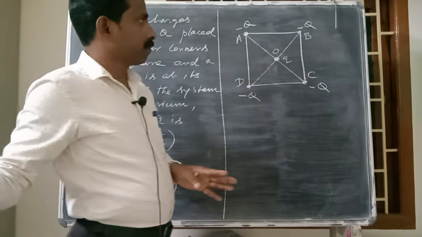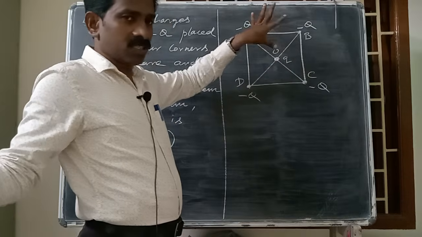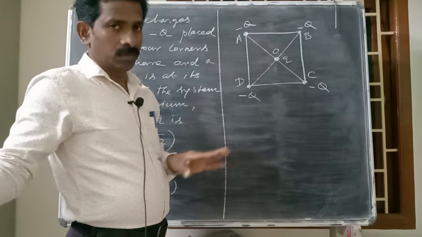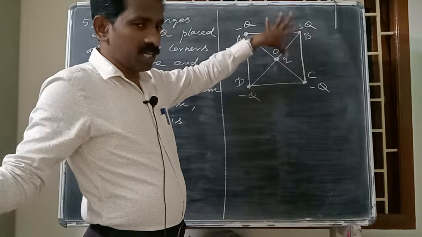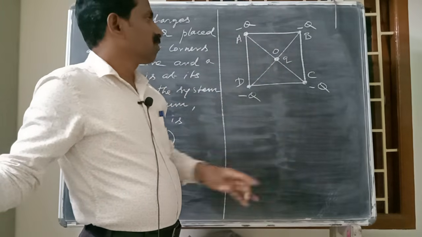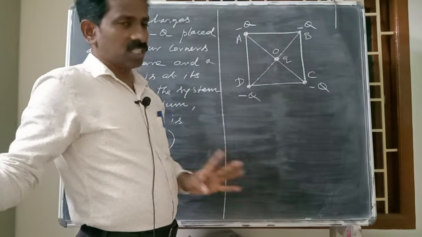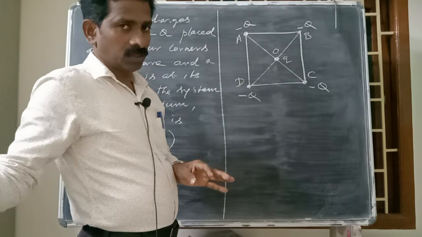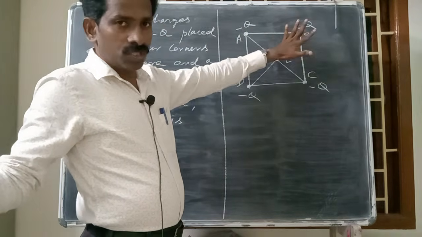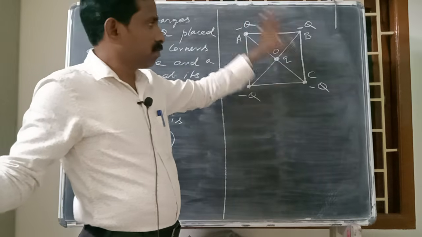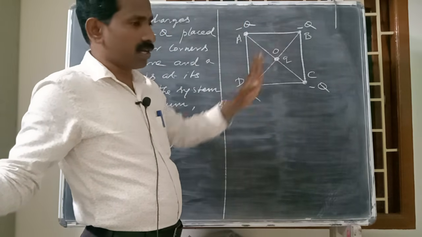Okay, the system is in equilibrium. They have said that in the question, the system is in equilibrium. Then what is the value of small q? System is in equilibrium means no one charge should move from the place as shown in the figure.